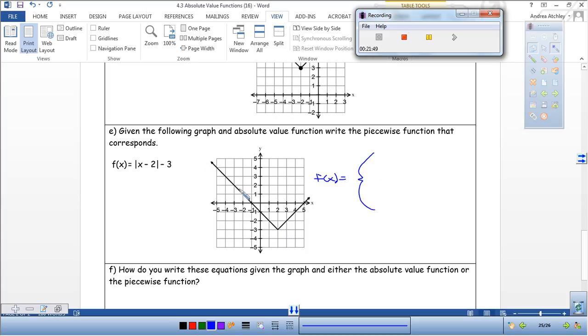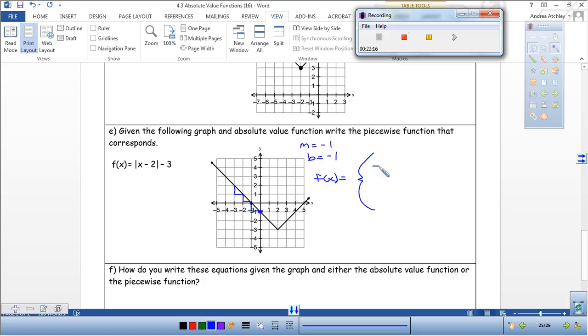We need the slope, which is down 1 over 1, down 1 over 1, down 1 over 1, and it crosses here at negative 1. So the m is negative 1, and the y-intercept is also negative 1. Any questions over that?